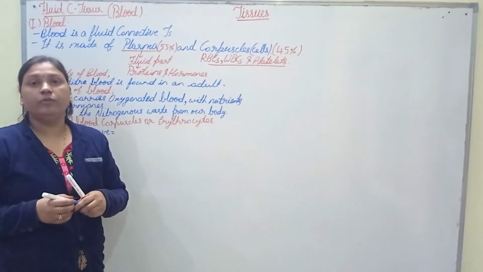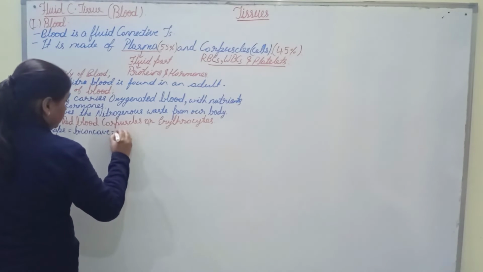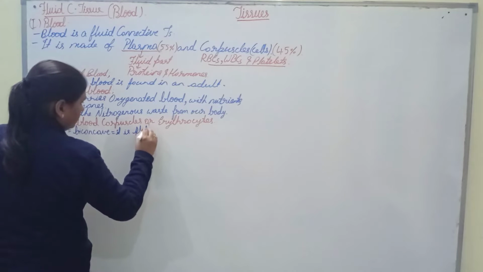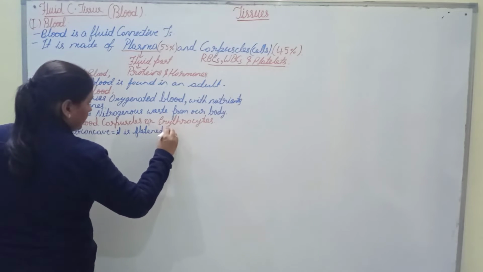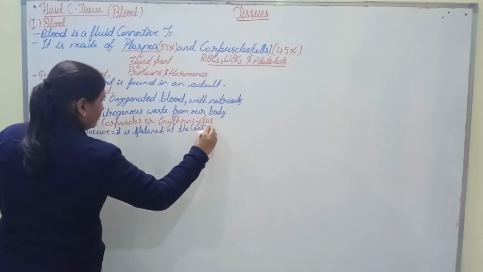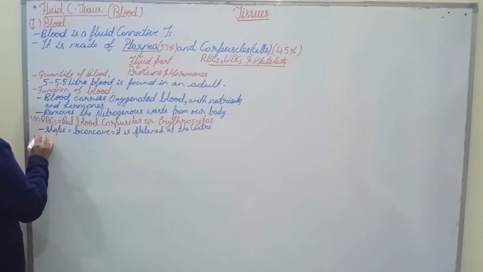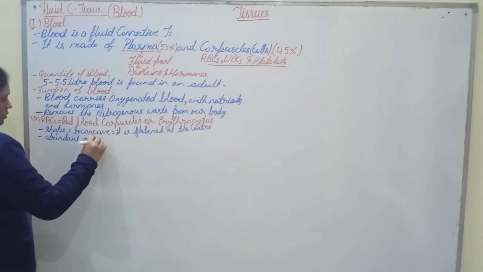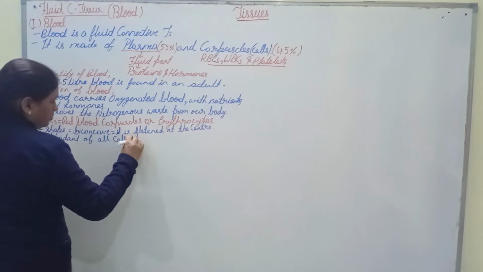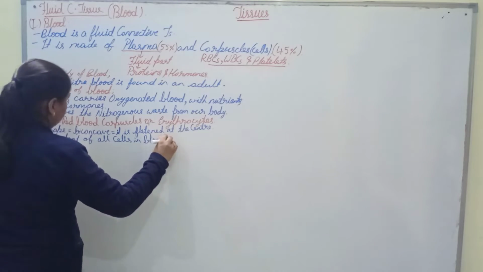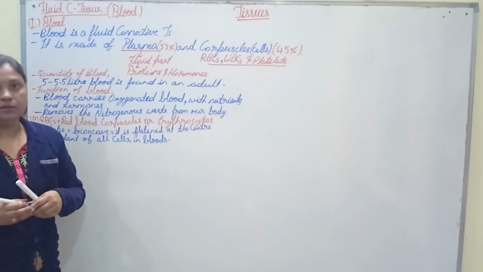Biconcave, that means it is flattened at the center. And RBCs are the most abundant of all cells in blood.